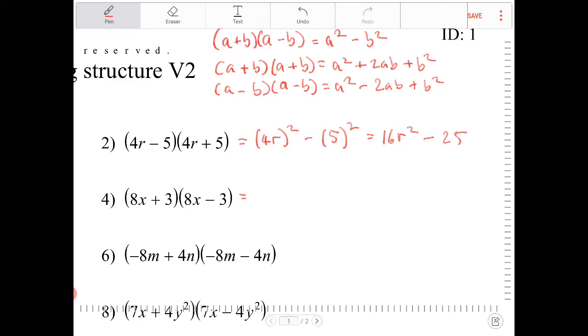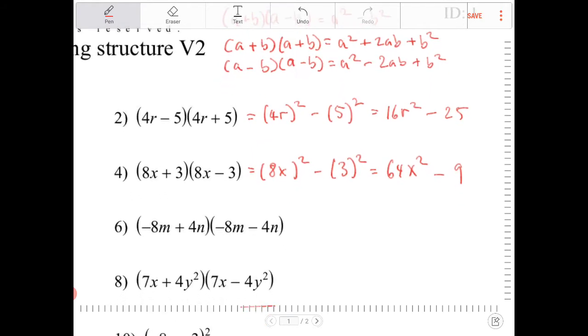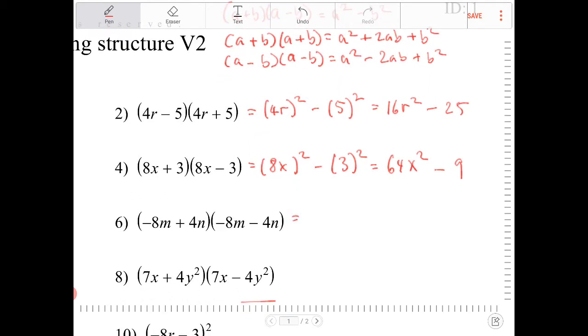Let's take a look at the next one. Well, my a and b, this is just 8x minus 3. So this is going to be 64x squared minus 9. Let's take a look at number 6. This is, again, a difference of squares, because even though I have a negative number here, that is all good.